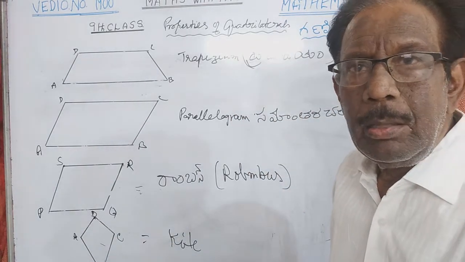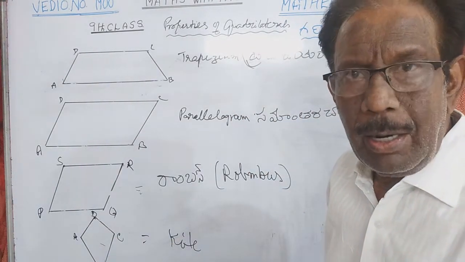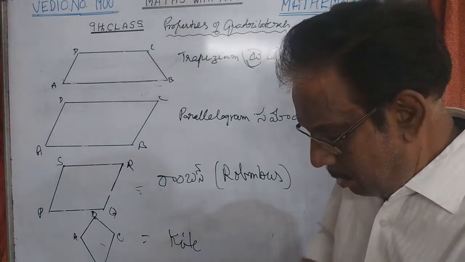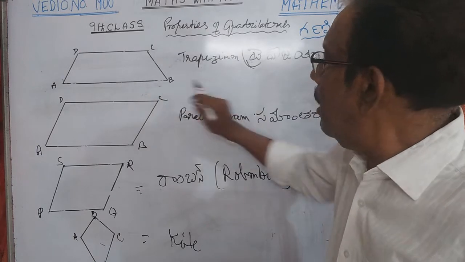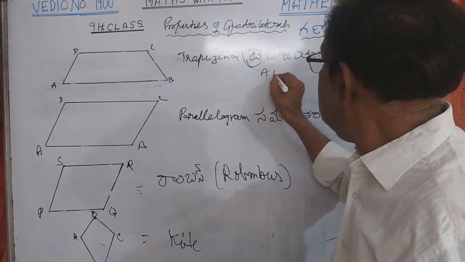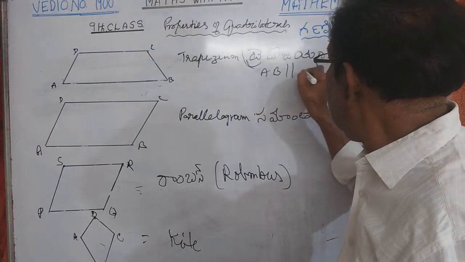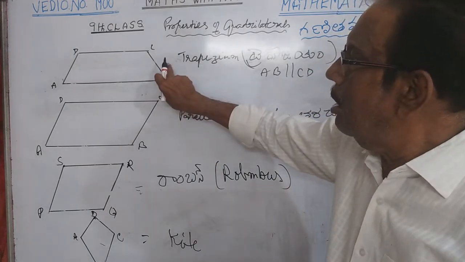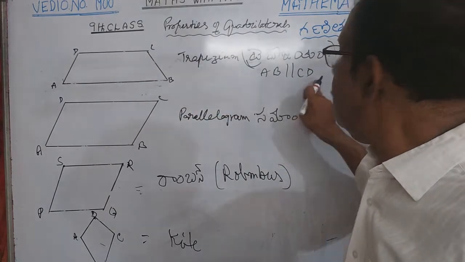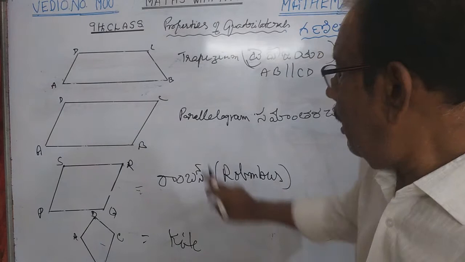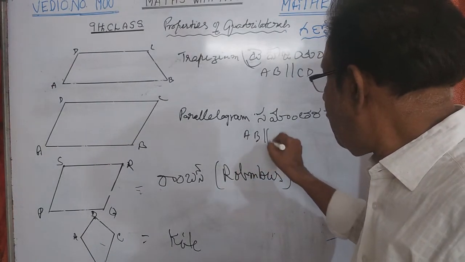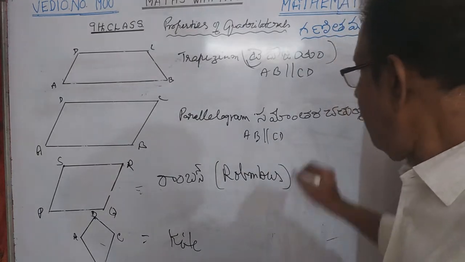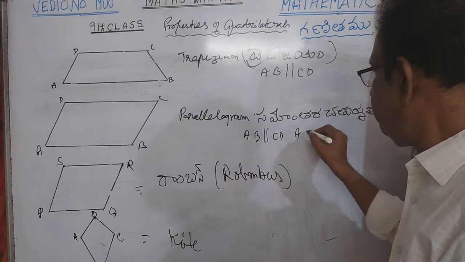So these are the important properties of quadrilaterals, and we can write them here. In this trapezium, AB is parallel to CD. In the parallelogram, AB is parallel to CD and AB is equal to CD.